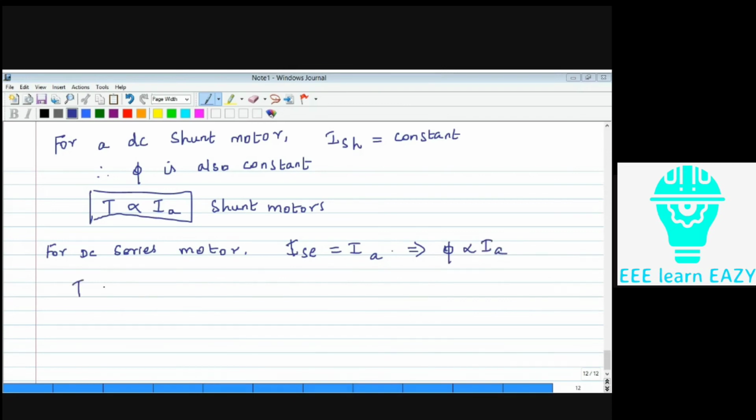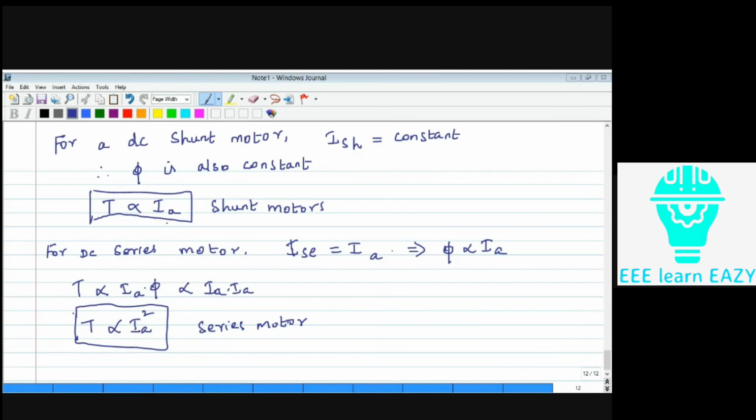Therefore, we have the basic torque equation: torque is proportional to Ia into phi. Since flux is also proportional to Ia, I can write Ia into Ia. Therefore, in series motor, torque is proportional to Ia square. This is a very important relation we have to remember. Whereas in the case of shunt motor, torque is proportional to Ia.